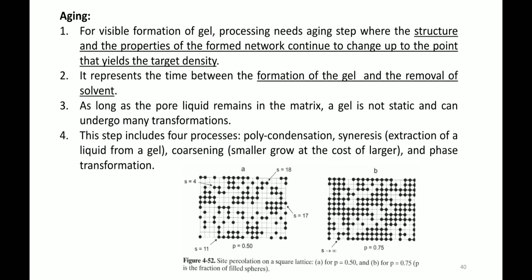But in image B, P is equal to 0.75. P is the fraction of filled sites. So it gets more filled in B, and that is because of this aging process.